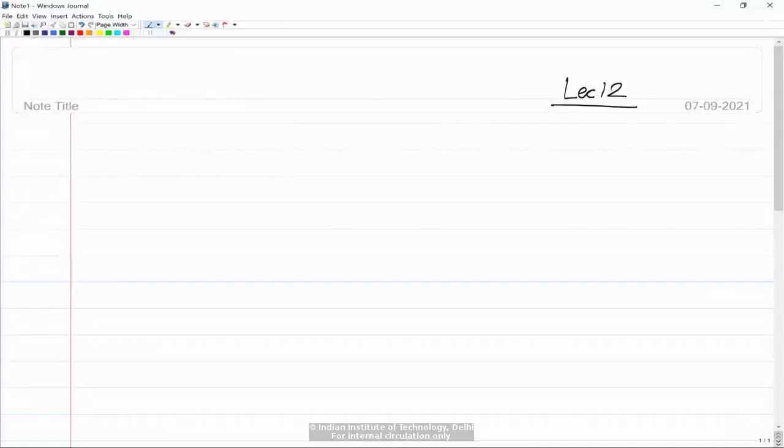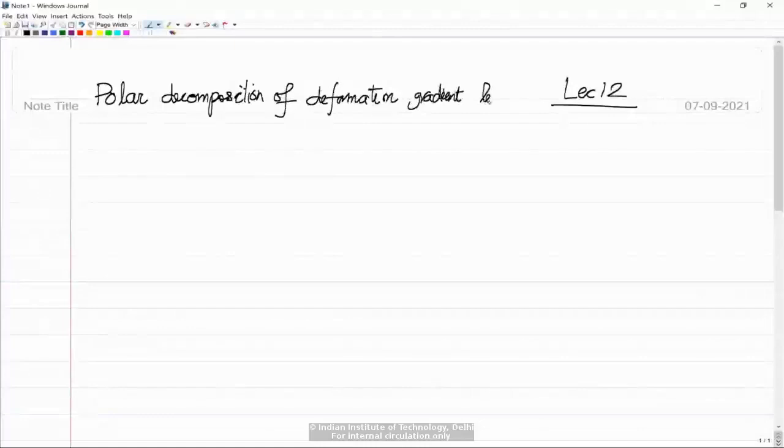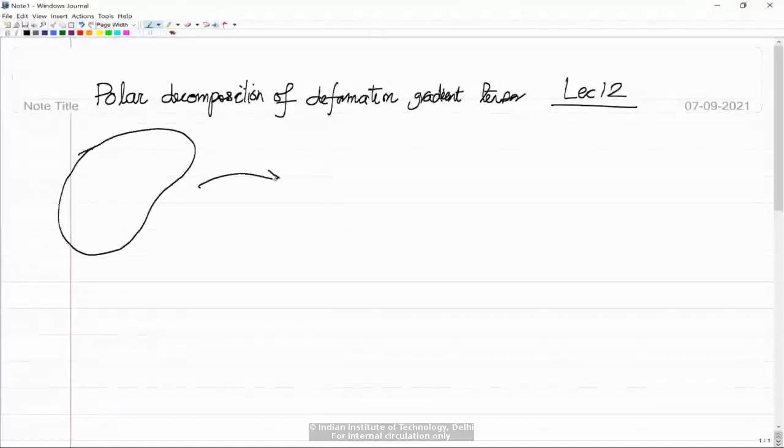All right, so today we are going to discuss another very interesting topic, which is also called polar decomposition of the deformation gradient. We all know what the deformation gradient physically does.